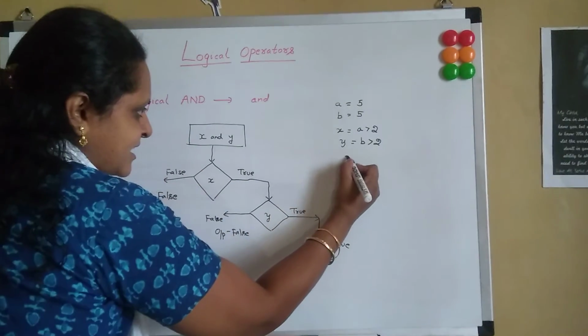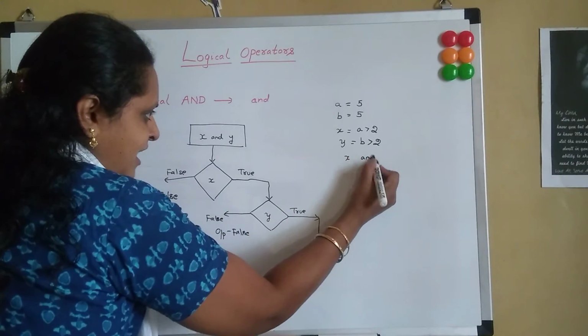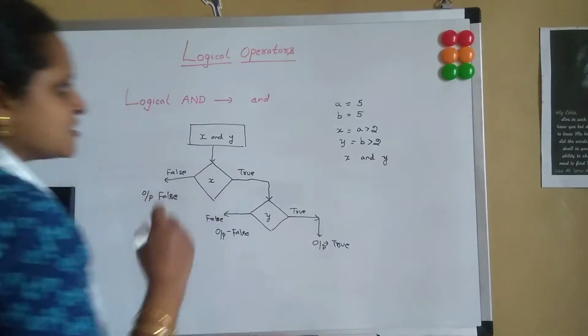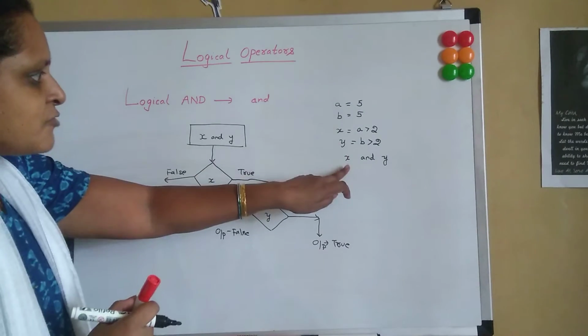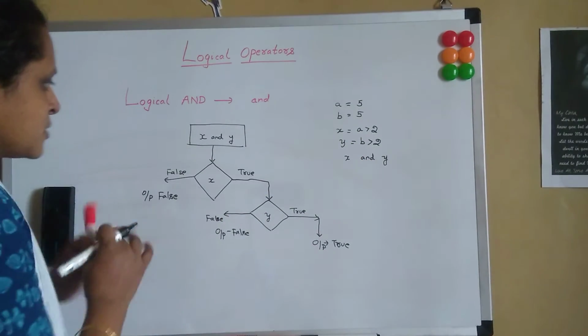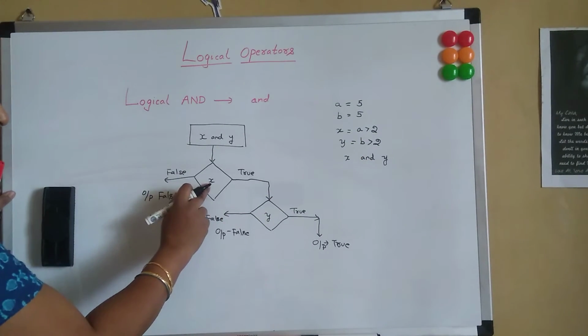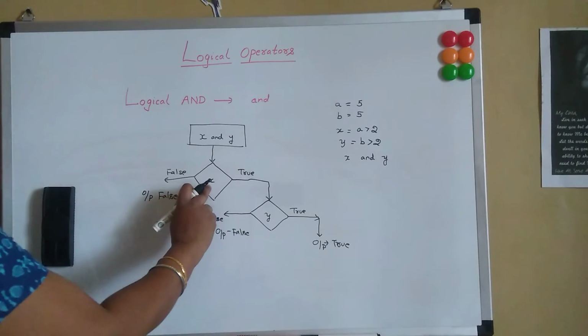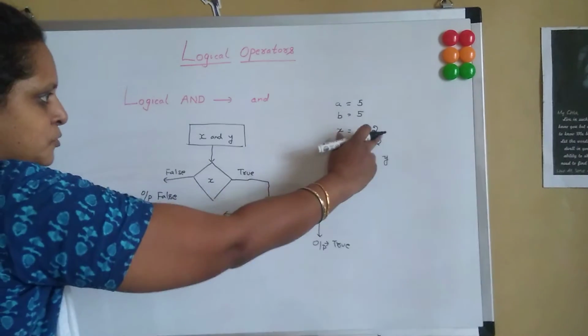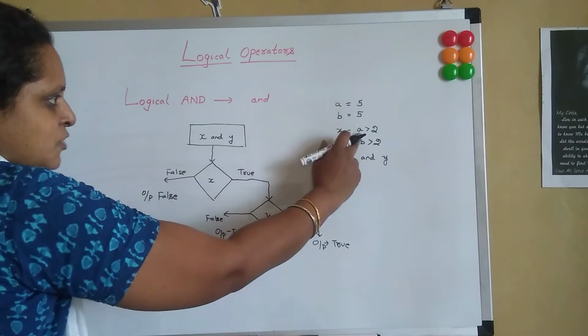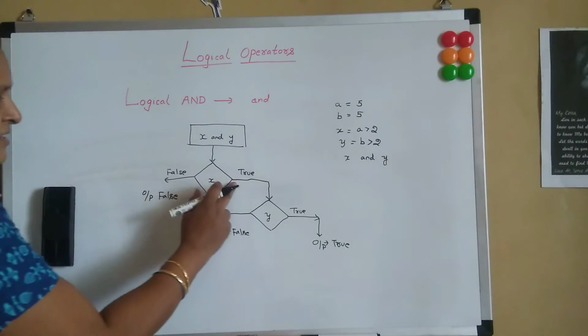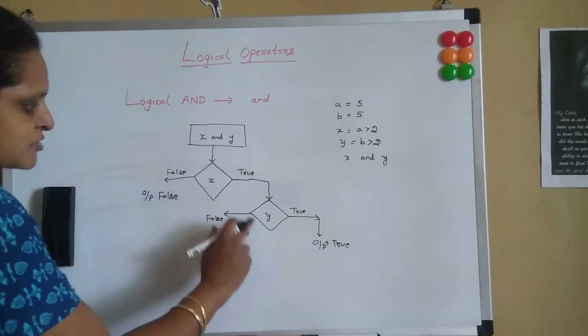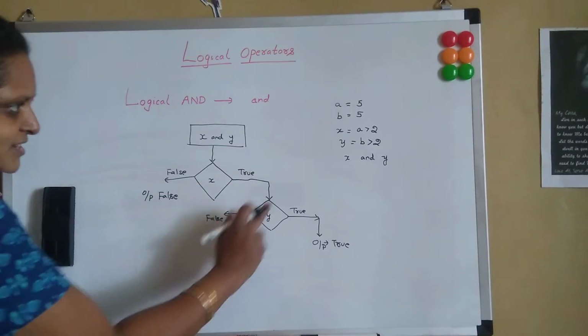Now, if I say X logical AND Y, it first checks the X condition, if A is greater than 2. A is 5, so A is greater than 2. It turns out to be true, so it checks the next condition, that is the Y condition.